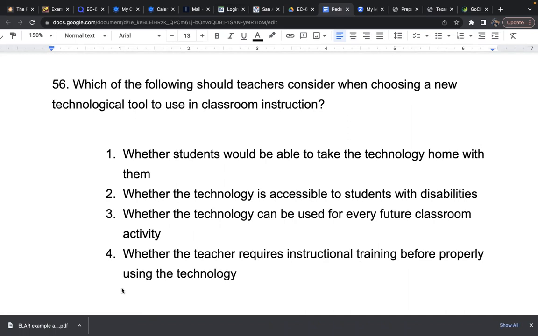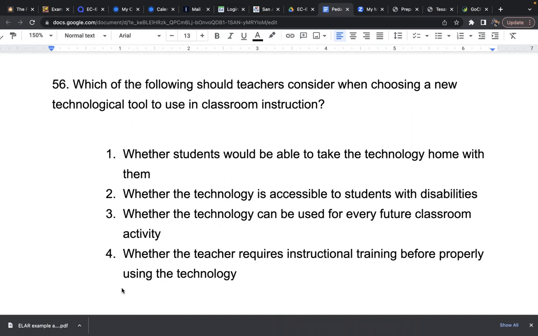Choosing a new technological tool. We're trying to figure out what we should think of if we're going to use a new technological tool in our classroom.